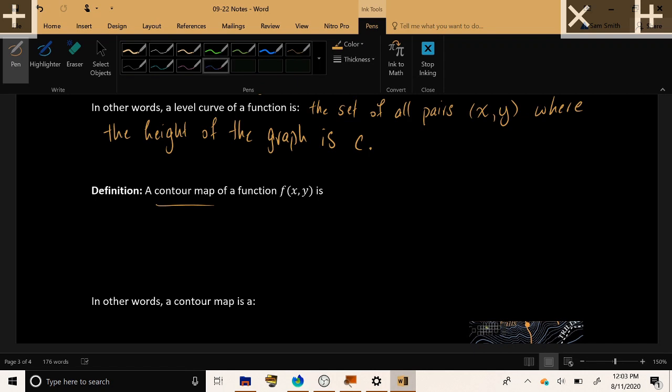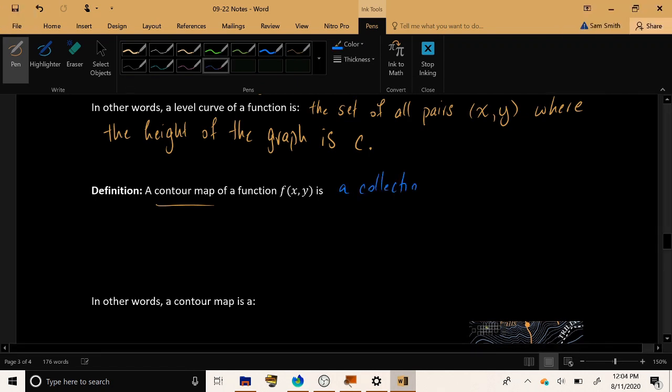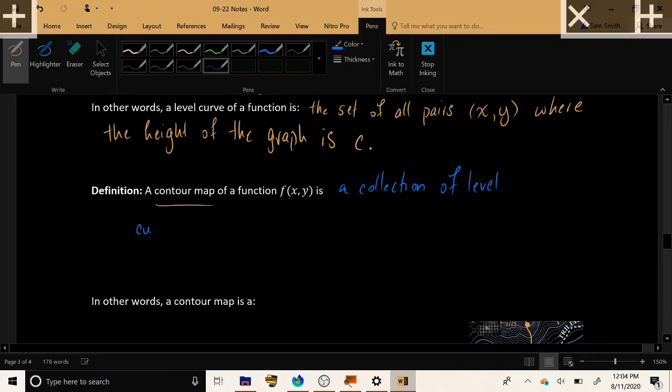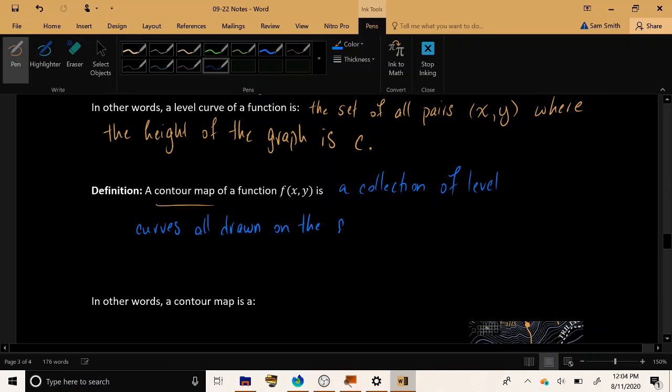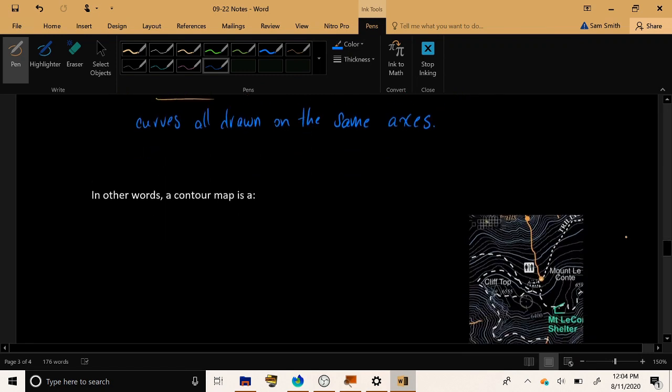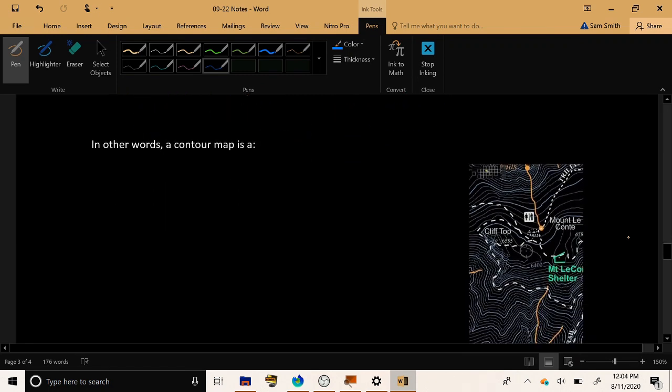A contour map is a collection of level curves, all drawn on the same axes, all drawn together. In other words, a contour map functions like a topographical map for a function's graph.